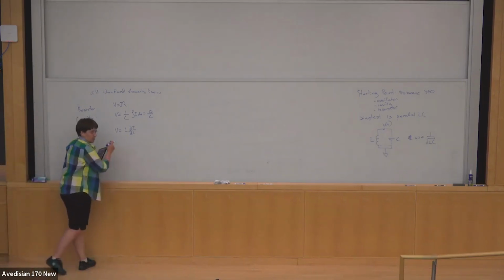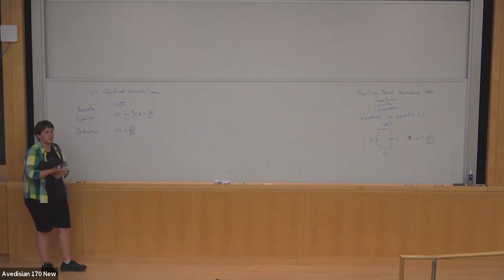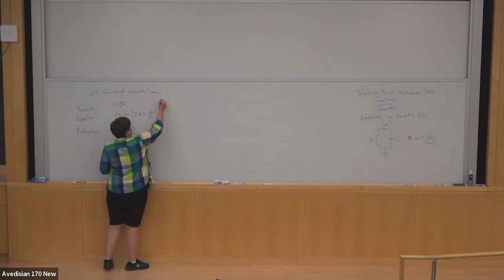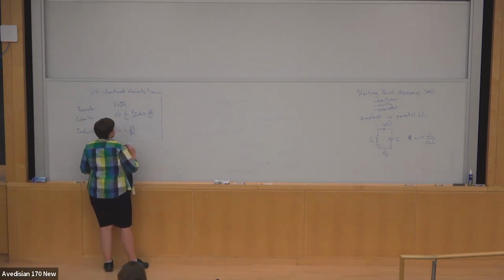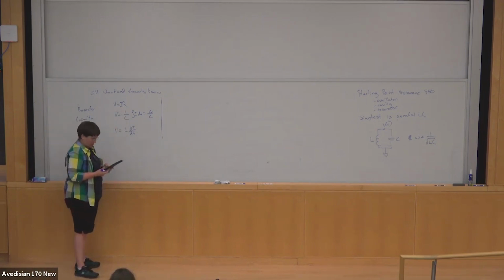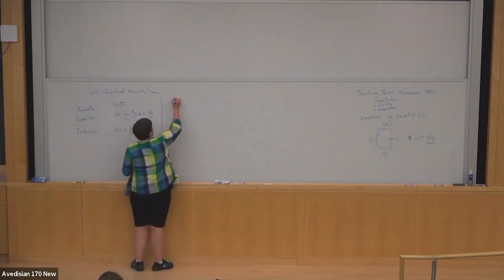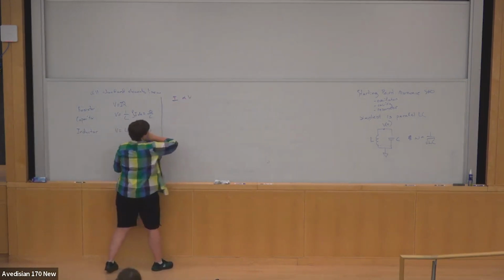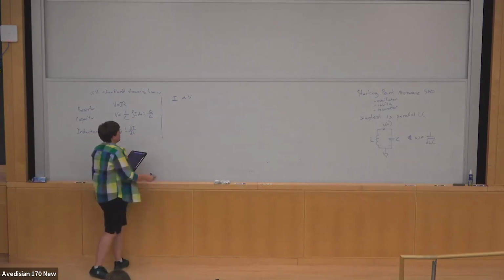So this is how these equations are traditionally written, I would say, in an undergraduate physics course. But it turns out that it's going to be a lot more useful to write this not in terms of the voltage being the independent variable, but in terms of the current being the independent variable. So we have one case where the current is proportional to the voltage.